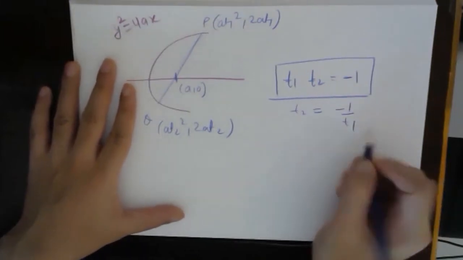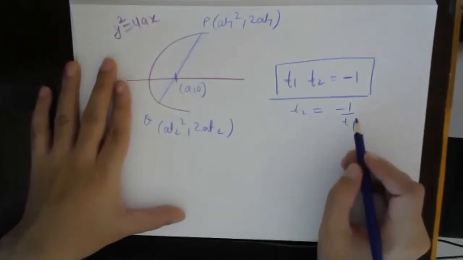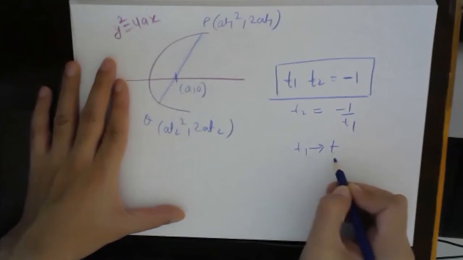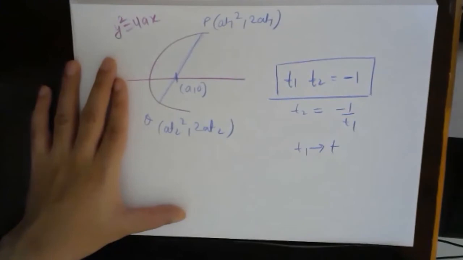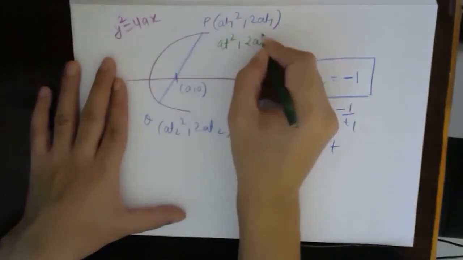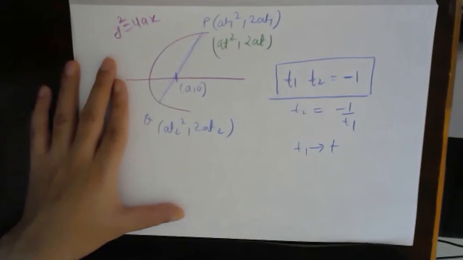So t1 into t2 is equals to minus 1, or t2 is equals to minus 1 upon t1. If suppose I write t1 as t, then this point becomes a t square comma 2a t.